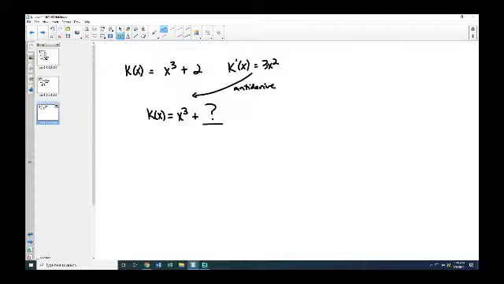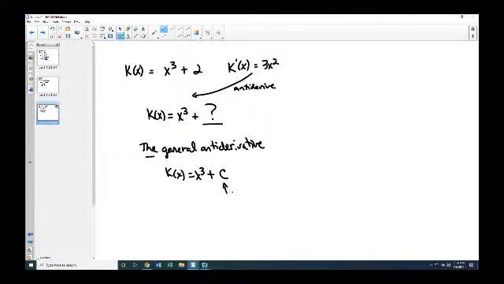So what we would actually write is the general antiderivative. You notice the word the, instead of an, would be k of x equals x cubed plus c. C is a constant. What would we call that?